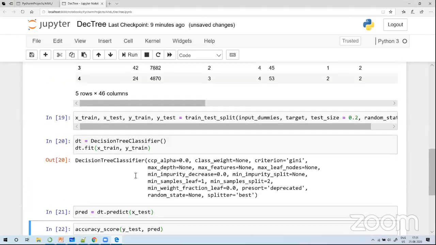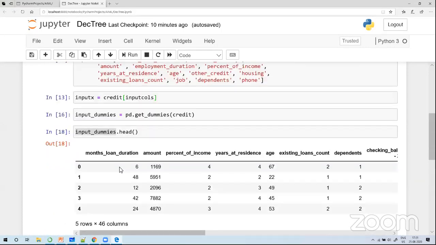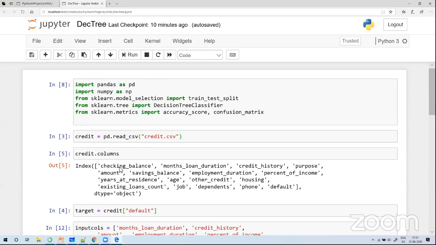But anyway, decision trees are always very, very beautiful in the way they are working. So we got a score of 100% accuracy here. Amazing. Now all of the magic, if you remember, in linear regression and logistic regression, we perform some EDA, we select some variables by looking at the relationship between the input variables and the target variable.